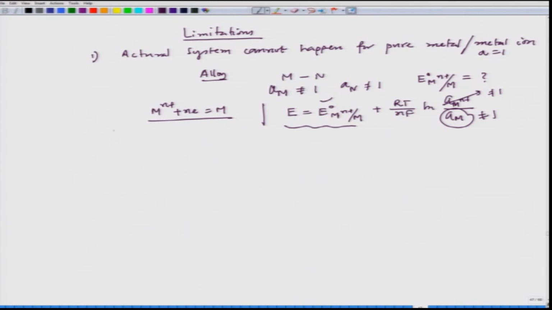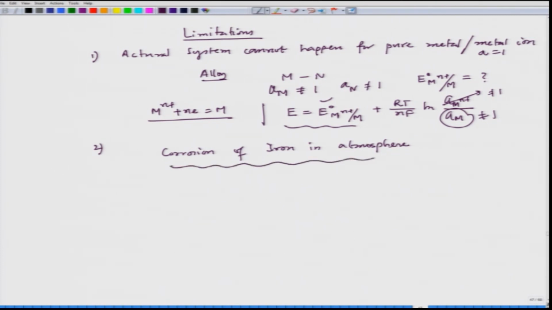Now, similarly, in some situations we may not have the metal ion present in the beginning. For example, a classic example is corrosion of iron in atmosphere. We would have a few case studies on this.